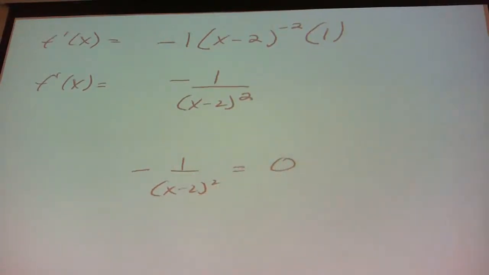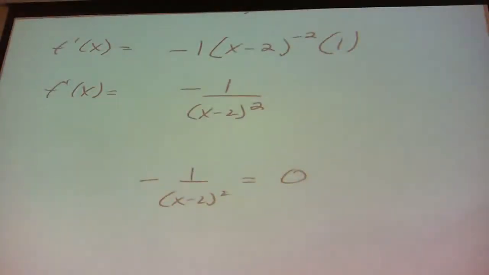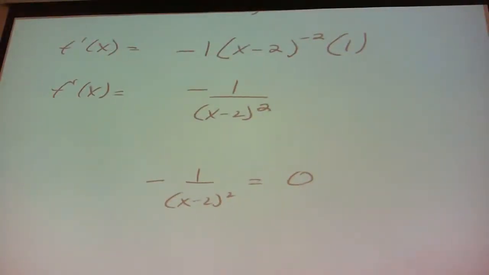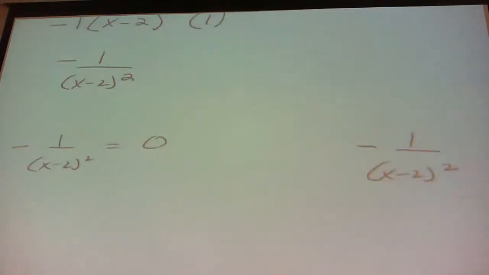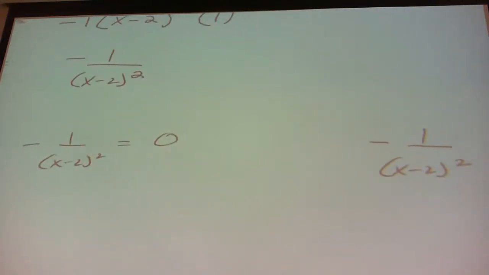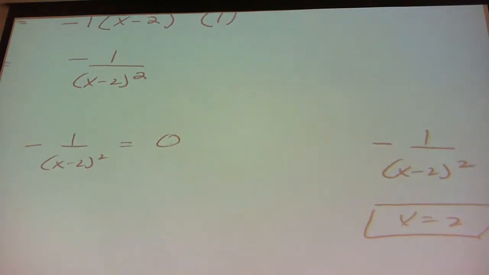No. But the other thing I'm going to check is looking at the derivative, what number would make this undefined? 2. So as far as critical numbers, I'm going to go check out 2. Now, they're not calling it a critical number, but I'm going to say it is critical. It's important. It's a number we need to go check out.